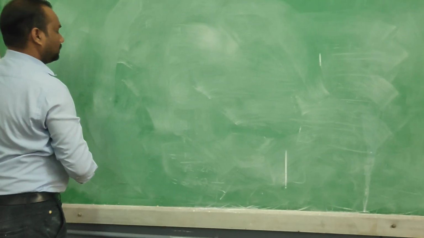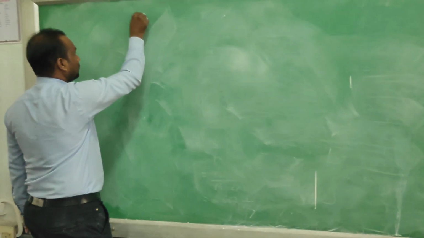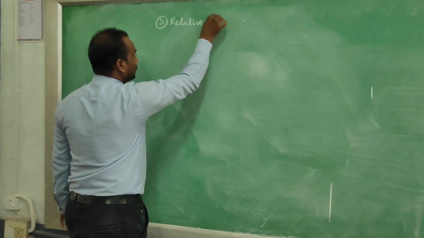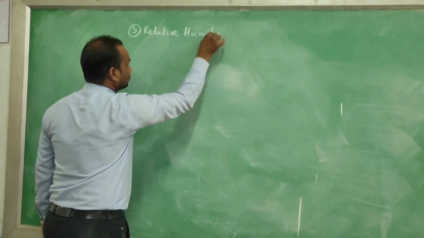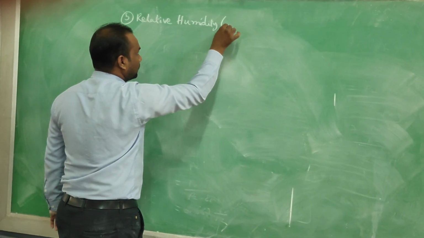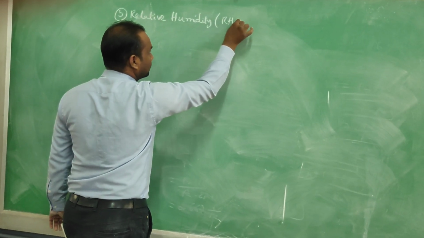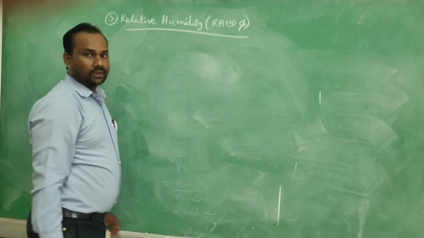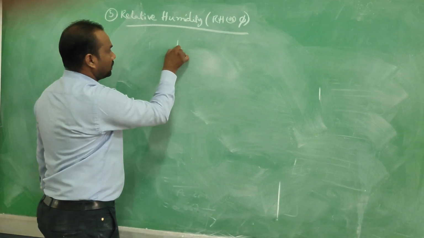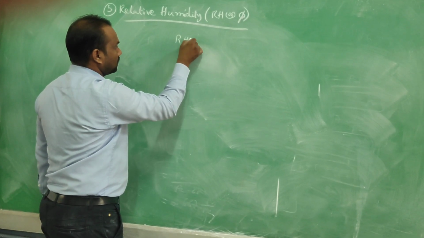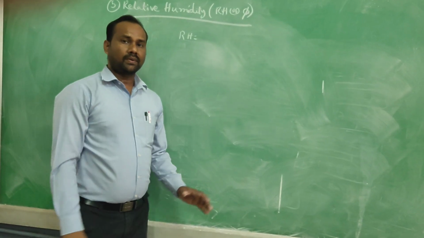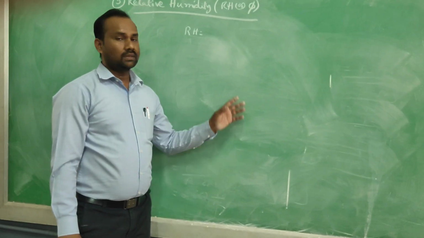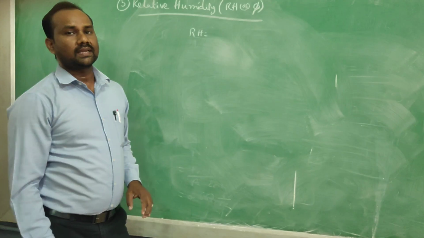The next property is known as relative humidity. It is represented as RH, and in some of the textbooks it may be represented by phi also. What do you mean by relative humidity? It is the ratio of the mass of water vapor at a given temperature to the mass of water vapor when the air is at saturated condition.